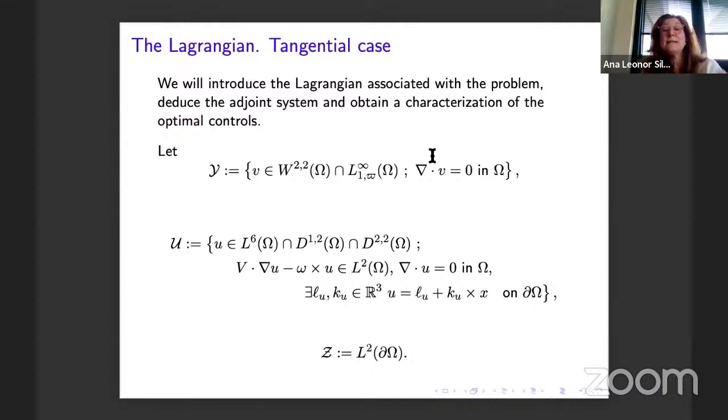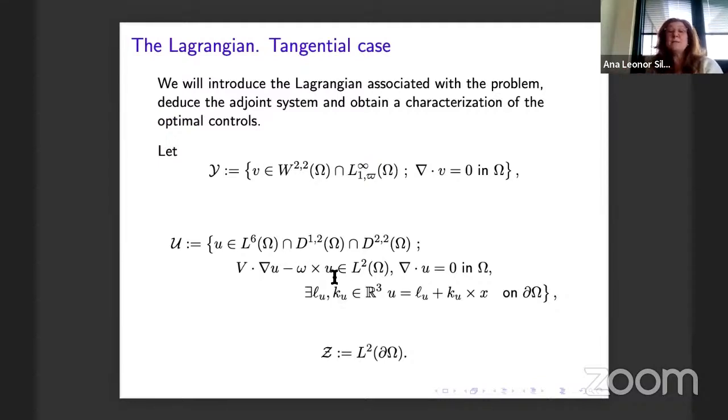So this is the space where we have our, let's say, state velocity, okay? We know that the velocity is in W22, we can consider this decay if we have to consider some decay, and it is divergence free. Now, this space U is a space that we are going to consider for Lagrange multipliers, and the same for this space Z. There are those difficult terms that appear in the Navier-Stokes equations.